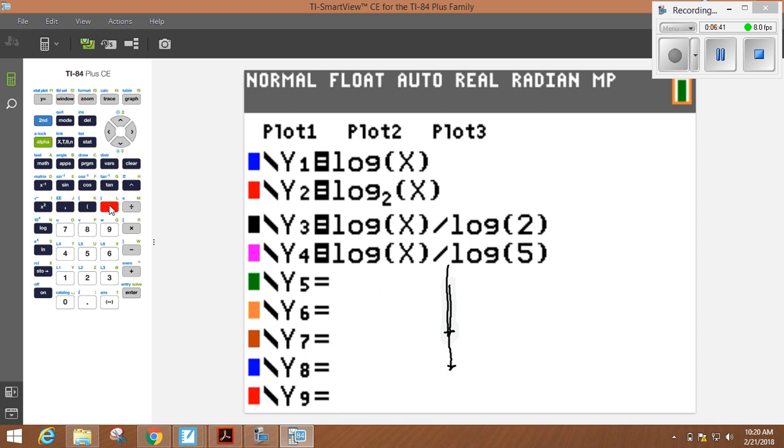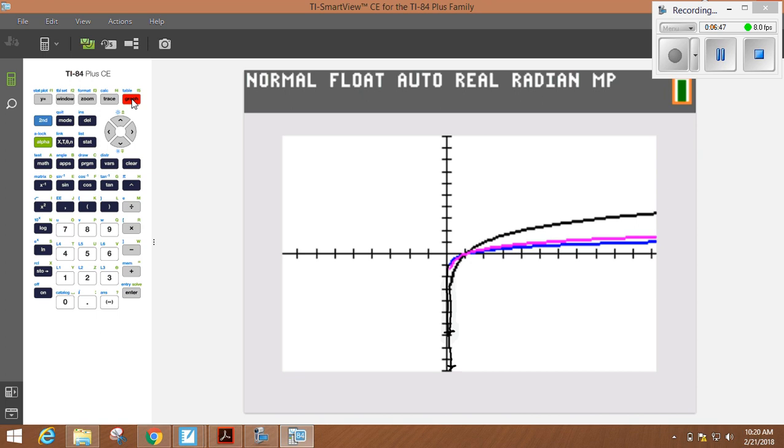That's log base 5 of x. We hit graph, and there it is, and we have all 3 graphs. You don't need to do it by hand, in my opinion, because you should know how to plot points by now. Please God, I pray that you can plot. Okay?